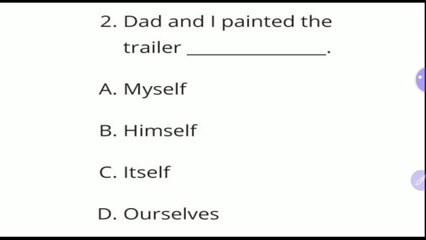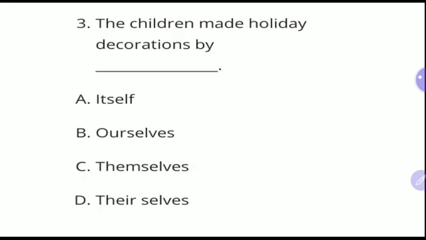Itself is not possible at all, because dad and I, both of these terms are living terms. Ourselves, since dad and I together make plurality in expression. That's why: dad and I painted the trailer ourselves. This is how you have to fill up here.